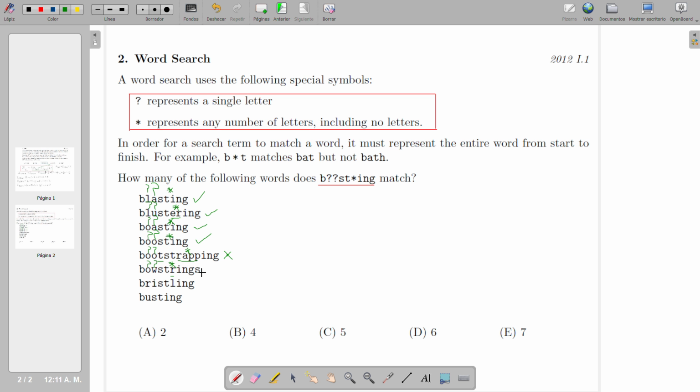But this word ends with an S. So in the criteria, there is no S at the end. So this word doesn't meet the criteria.